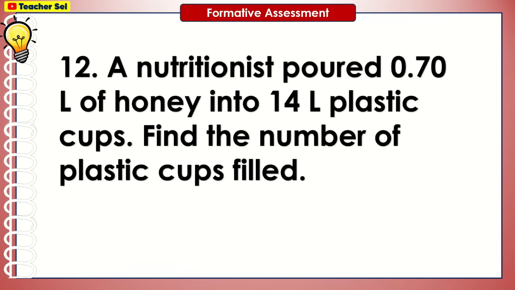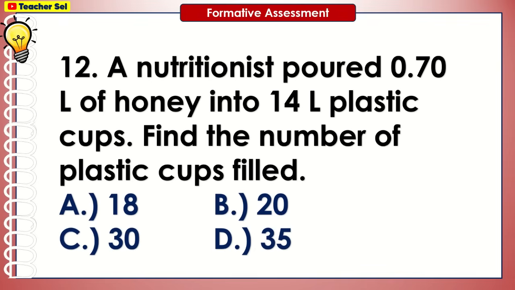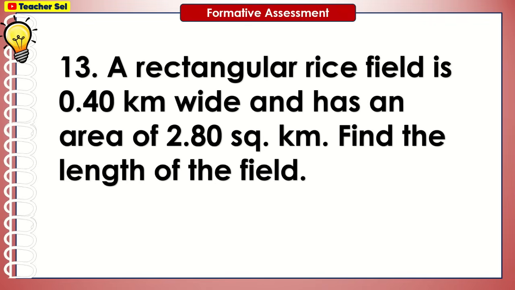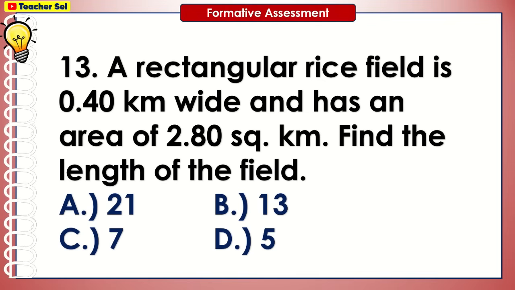Find the number of plastic cups filled. The answer is B, 20. A rectangular rice field is 0.40 kilometer wide and has an area of 2.80 square kilometers. Find the length of the field. The answer is C, 7.